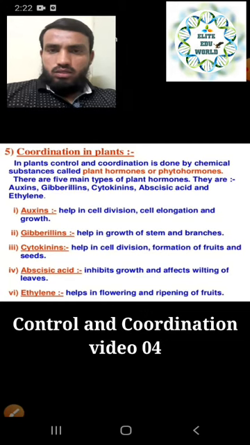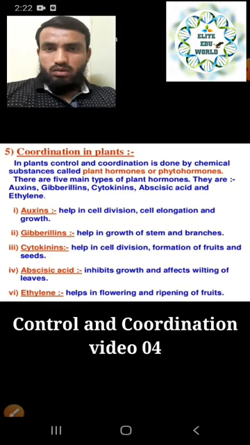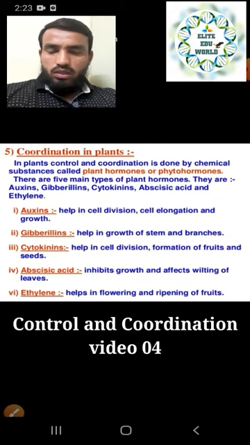Up to this we have talked only about animals: in human beings and other animals, the types of brain, and how control and coordination is performed by organs like our brain, spinal cord, nerves and neurons. We have covered everything up to here. That is all about animals, but from here onwards in this slide we will talk about coordination in plants, right.